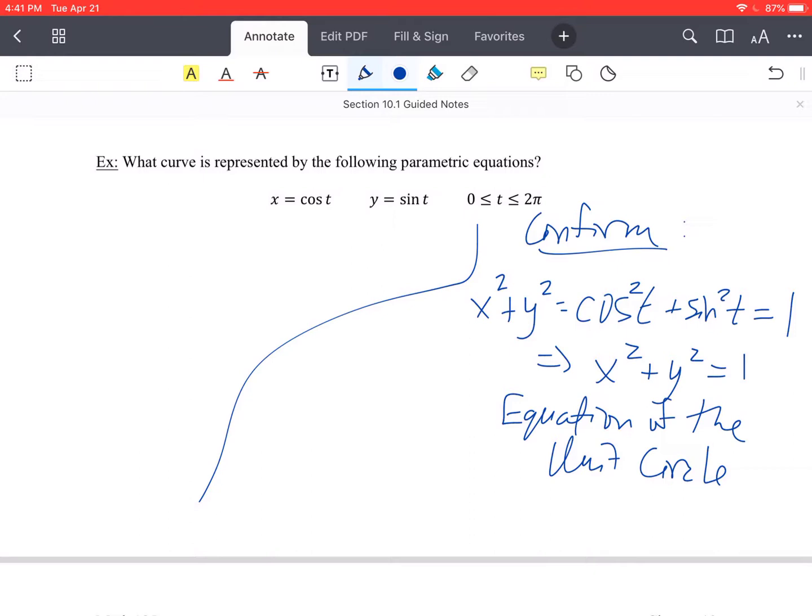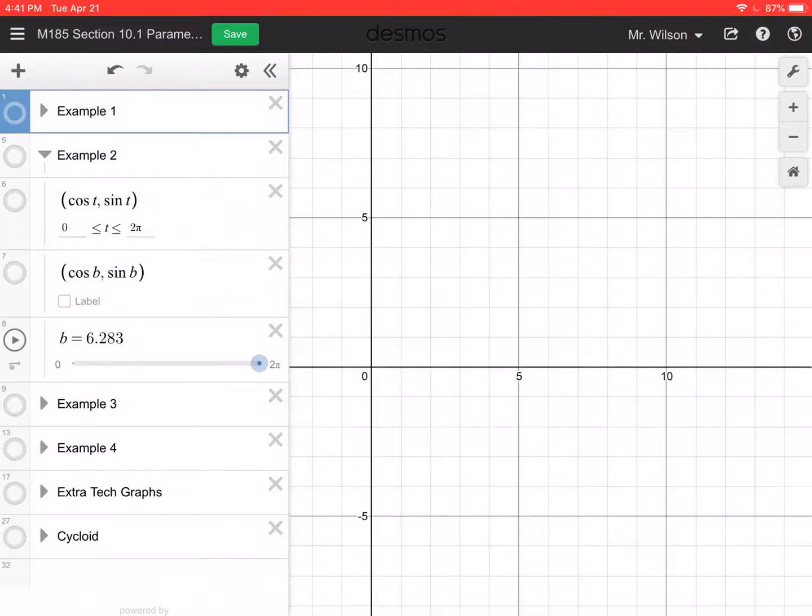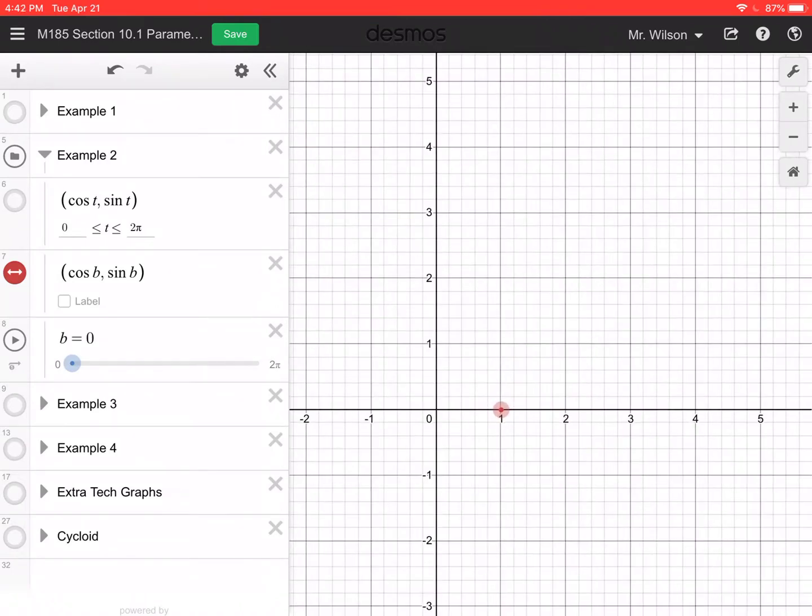So let's take a look at this in Desmos. If I get my point set up here, we're starting at 1, 0, and I let t go from 0 to 2 pi.